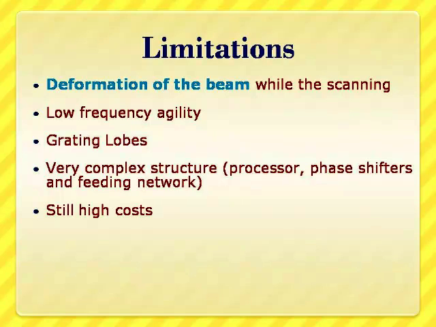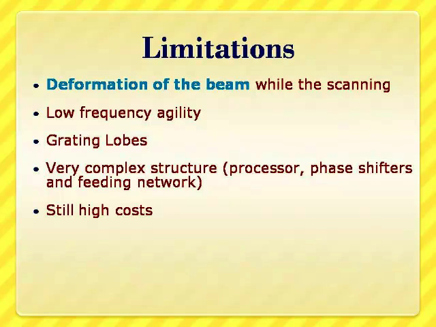There is going to be a very complex structure of this radar system because of a processor, phase shifters and feeding network. The phase shifters are normally very expensive, and hence the cost of the whole system is still very high. Though these radars have been used for the last 40 years or so, still the costs are prohibitively large compared to the normal radar systems we have.